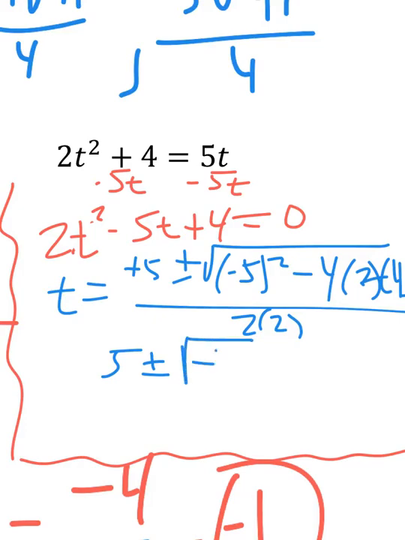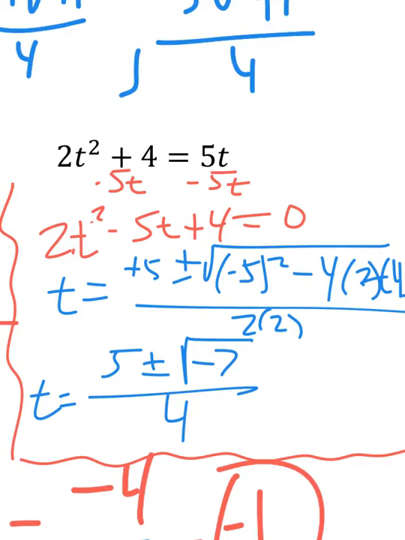And that gives us a negative 7 inside. Did we get a negative 7? So this guy's a positive 25, right? Negative 5 squared minus 4 times 4 times 2 is 32. 25 minus 32 gives us negative 7.